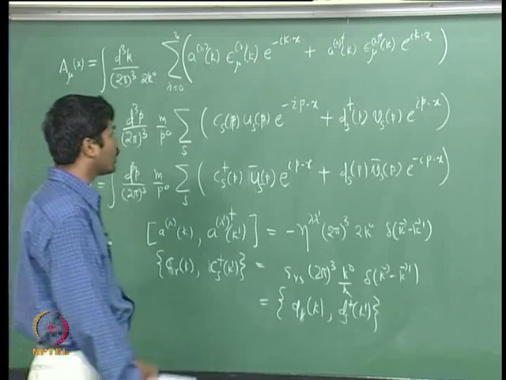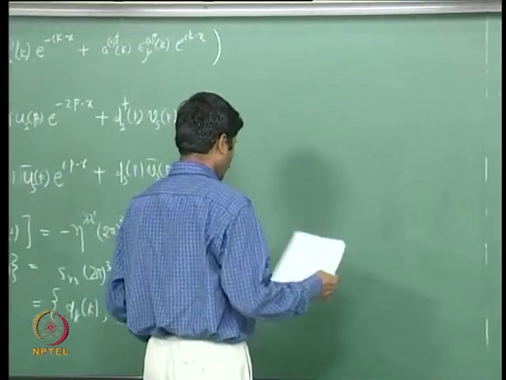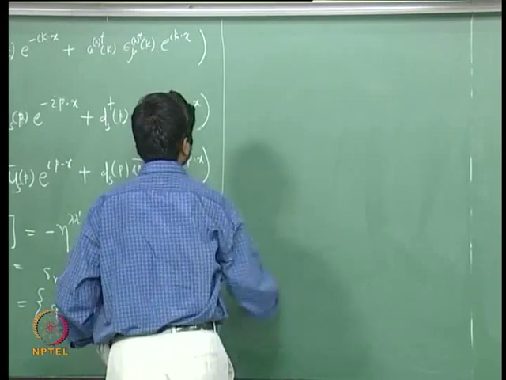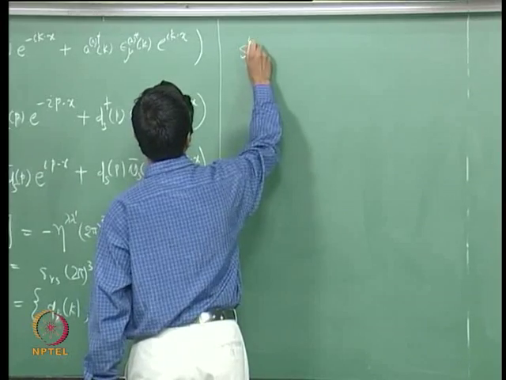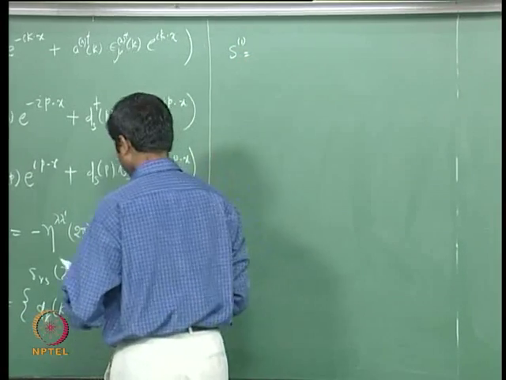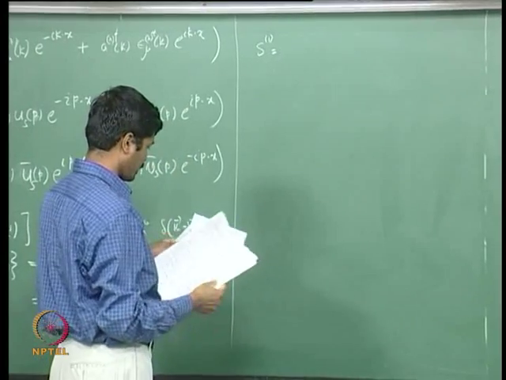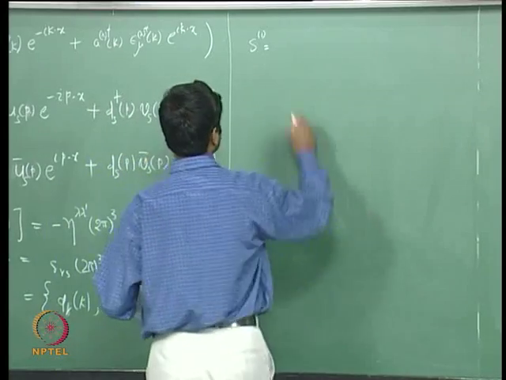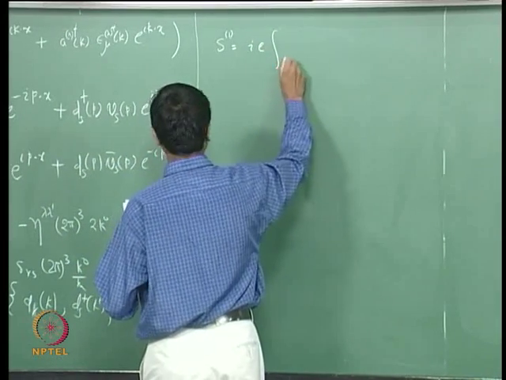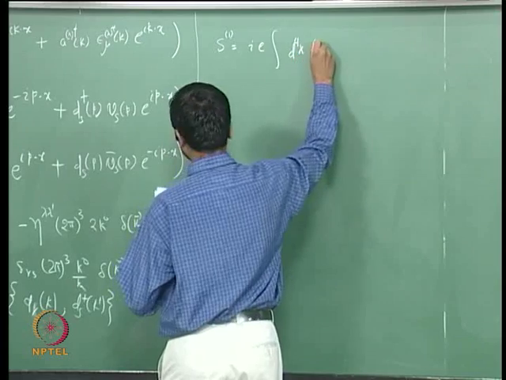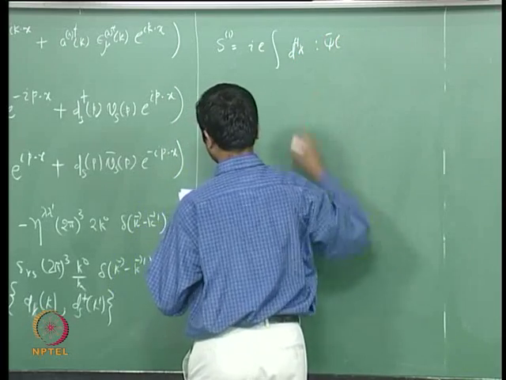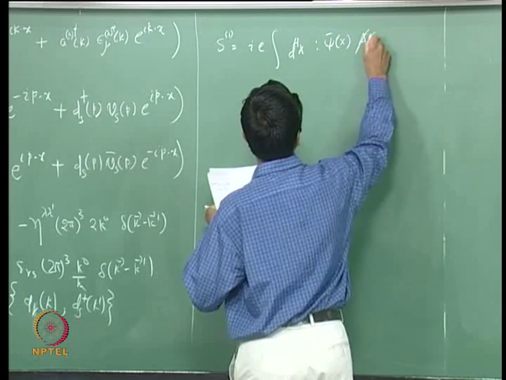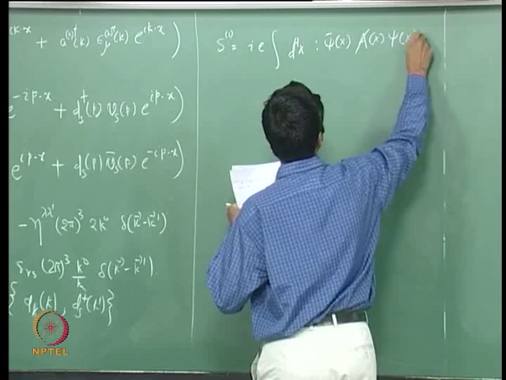So, what we will now do is look at the first order term in the S matrix, which I have denoted as S1, which is ie times d4x, the normal order product of psi bar of x, A slash of x, psi of x.